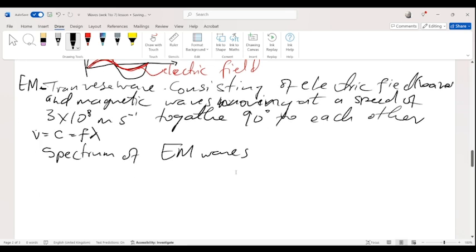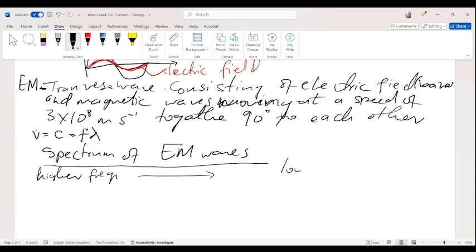So the spectrum is the arrangement of electromagnetic waves from higher frequency to lower frequencies.